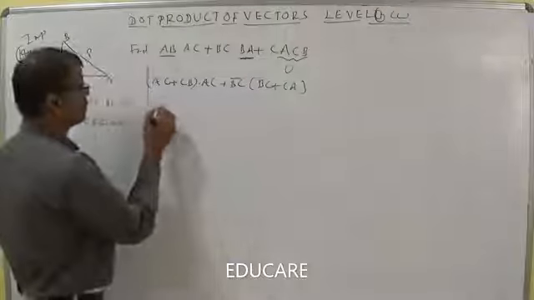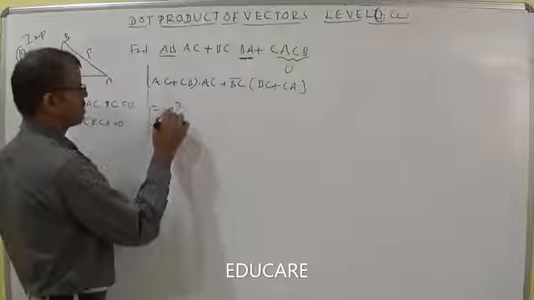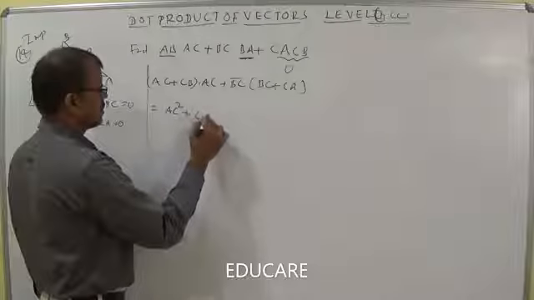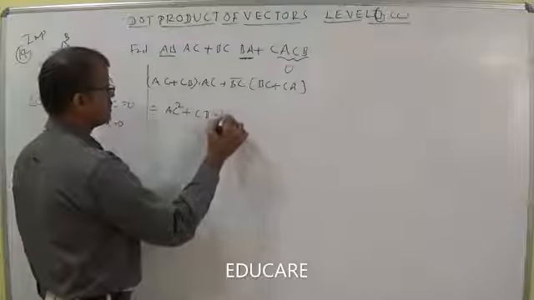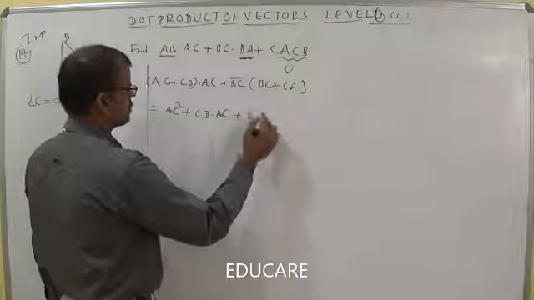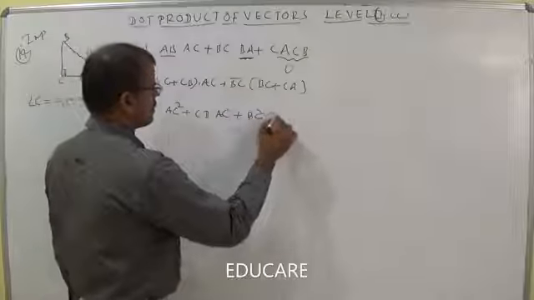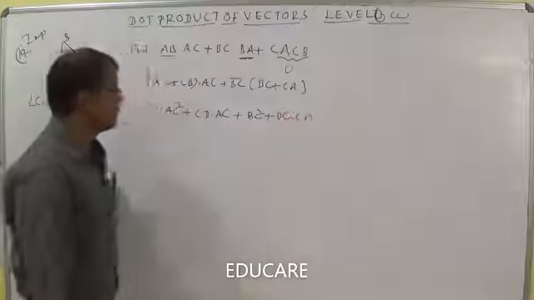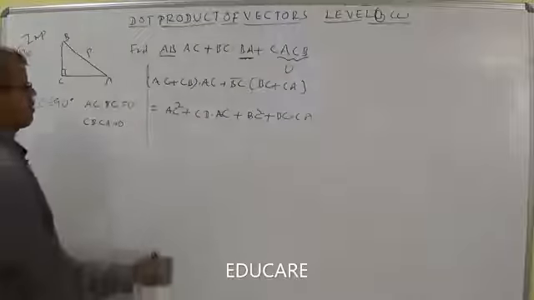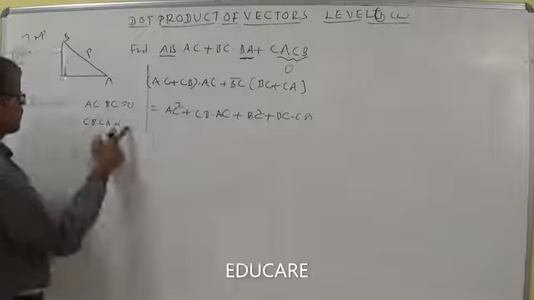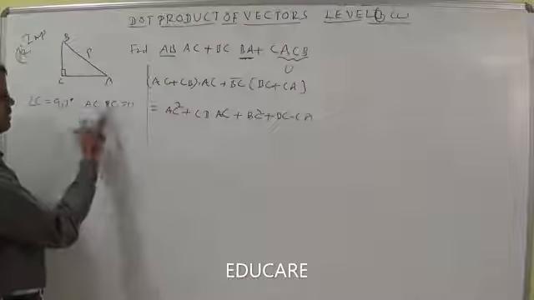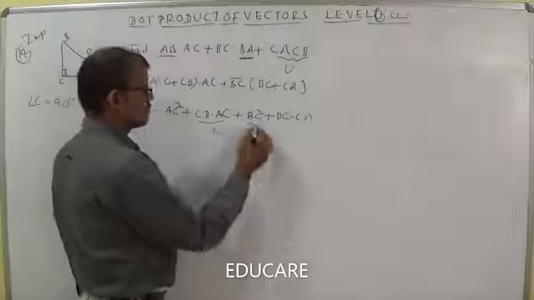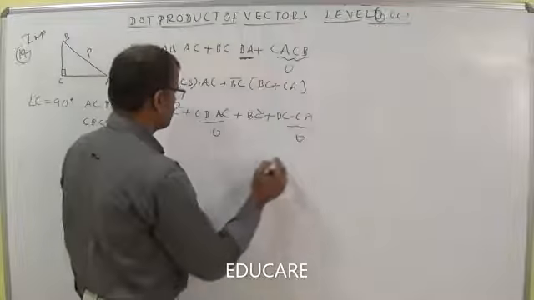That is equal to multiplying: AC square plus CB dot AC, plus BC square plus BC dot CA. Here we can write CB dot AC. Dot product is commutative, so you can understand this is 0, this is not 0, this is 0.